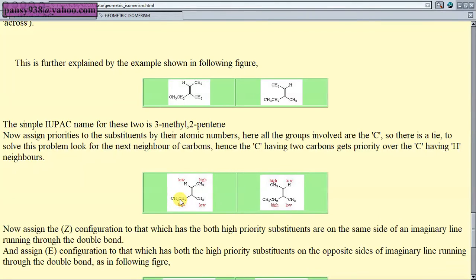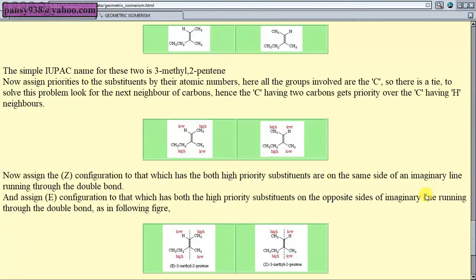So this has high priority over this methyl group. So this one has a high priority and this one also has a high priority. In this case both high priority groups are across, while in the other isomer the high priority methyl is on the same side where this high priority group lies.